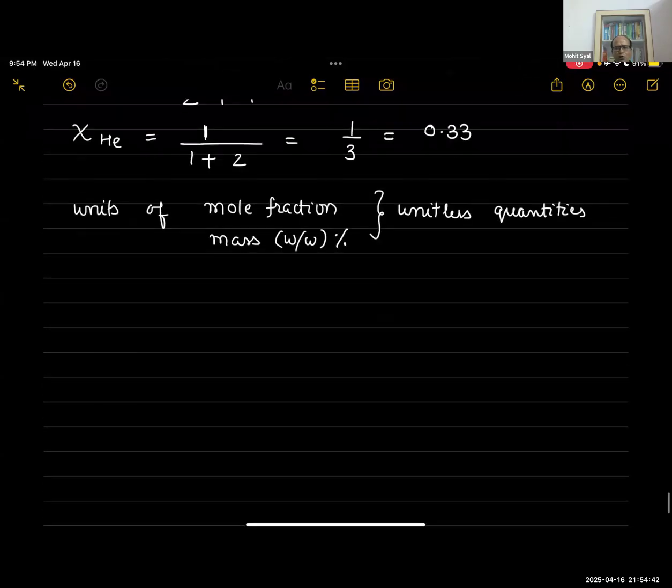And next we move on to a very important unit of concentration term, and that is represented by capital M. It is known as molarity.